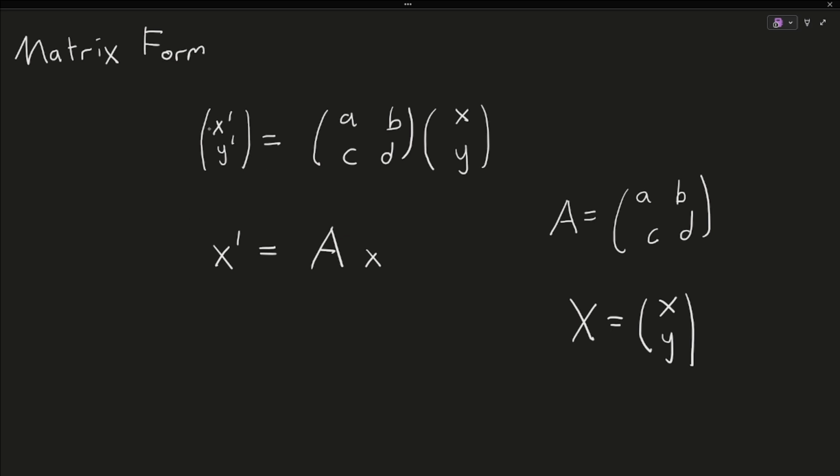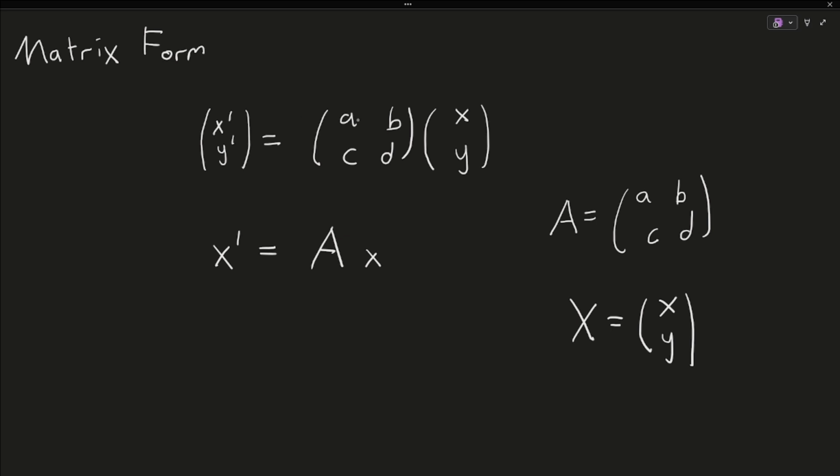So on the left, we would have x prime and y prime as two different functions of t, and they are equal to one matrix a, b, c, d, all of them constants, multiplied with variables x and y. Well, I want to show you how matrix multiplication is done. When you have a matrix, you want to count the rows and columns first.